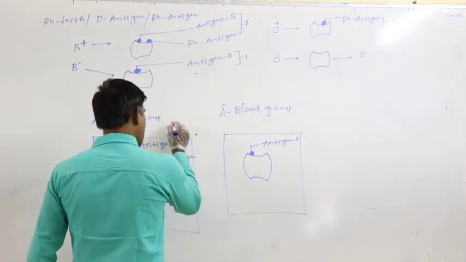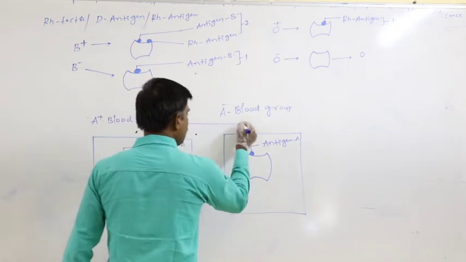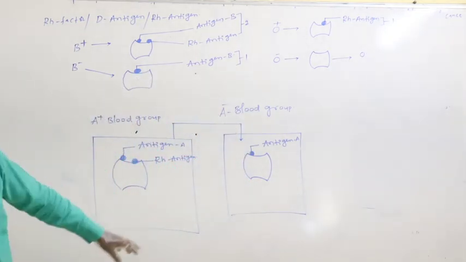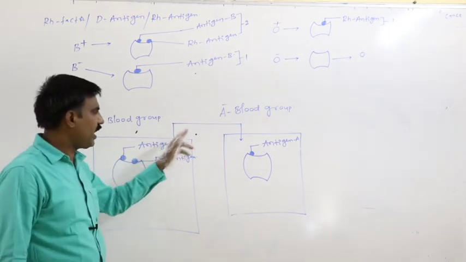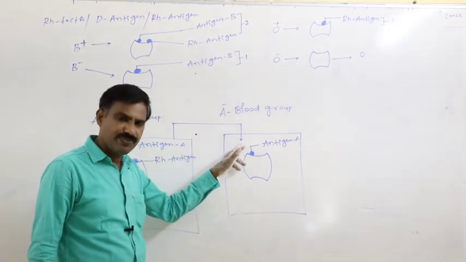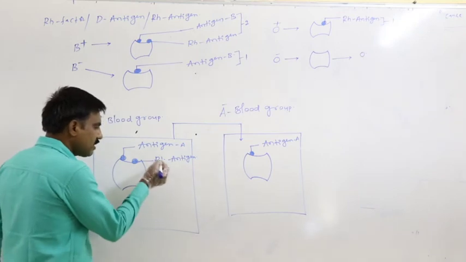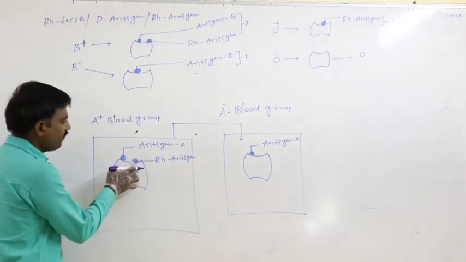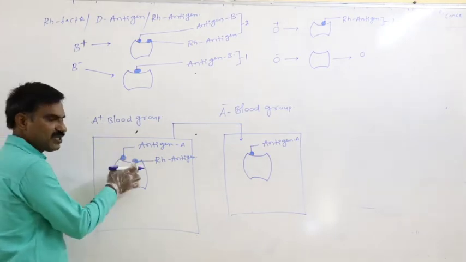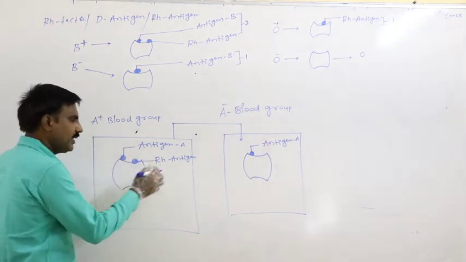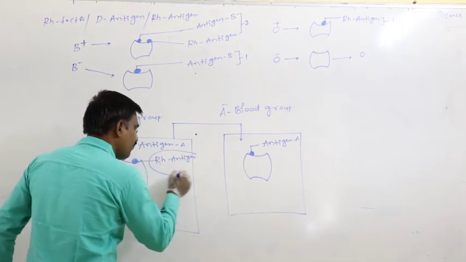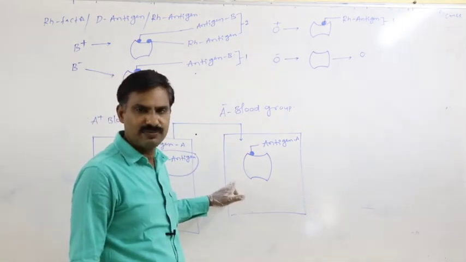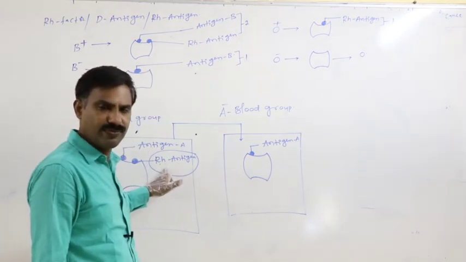When we transfer the blood from A positive into A negative, the Rh antigen which is present on the surface of the A positive person's RBC acts as a foreign particle to the immune system of this person, because this is a protein.